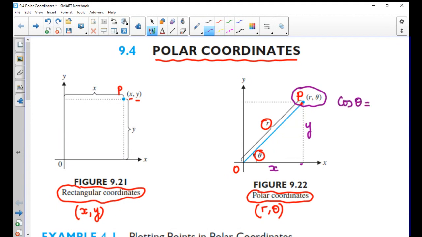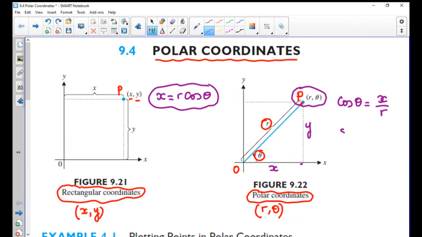If I ask you to write cosine theta, what will it be? X over r, exactly. So that means x is r cosine theta. That's the connection between x and the polar coordinates r and theta.